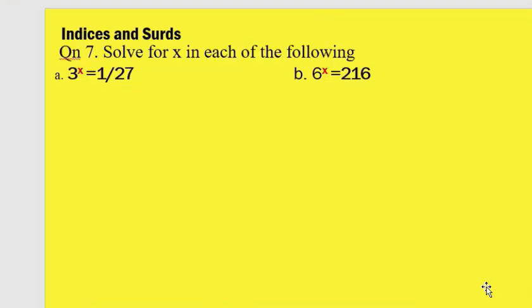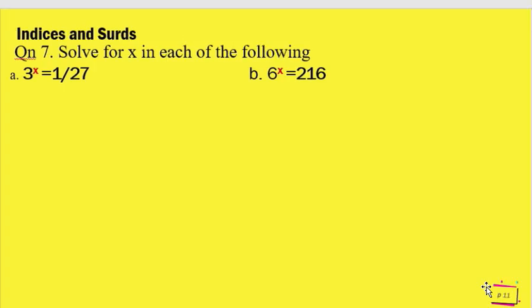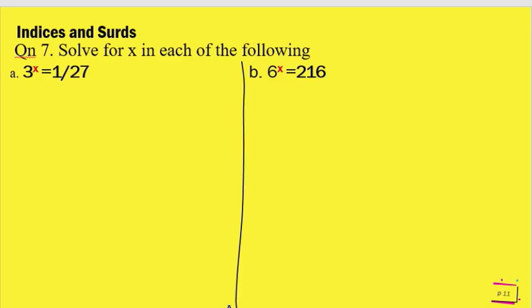The other part, which is the final part here, is question number 7. So for x in each of the following, so here also we just do the same idea. We have 27 here, so this 27 has to be written as a base and index, and the base should be 3.